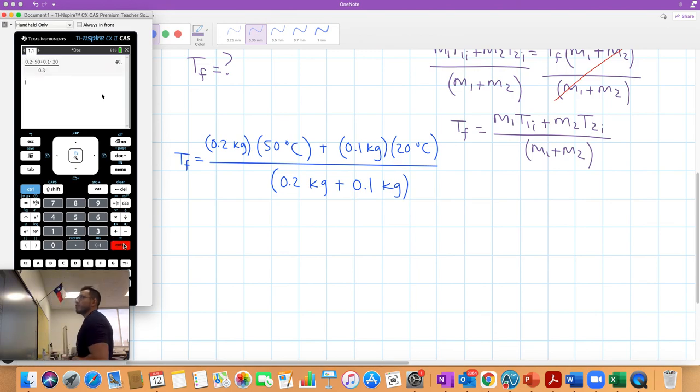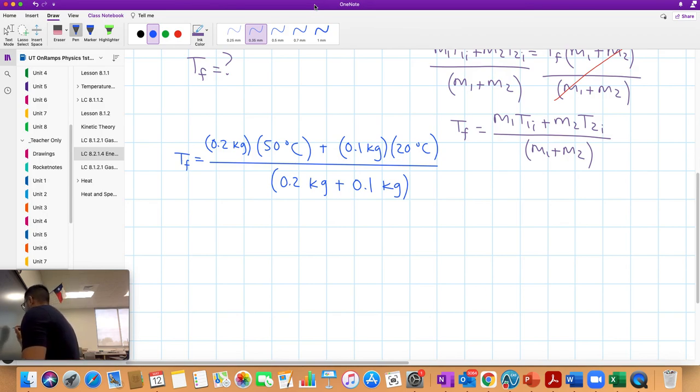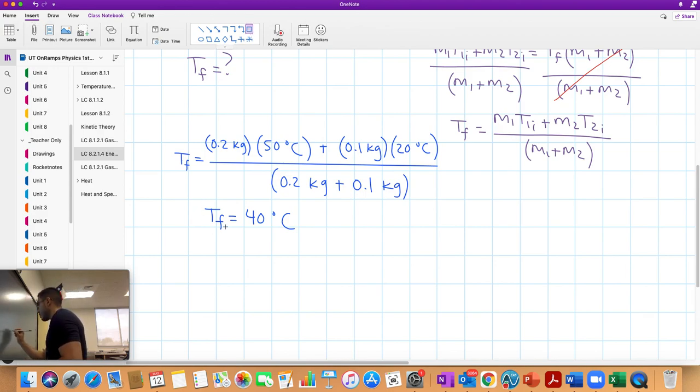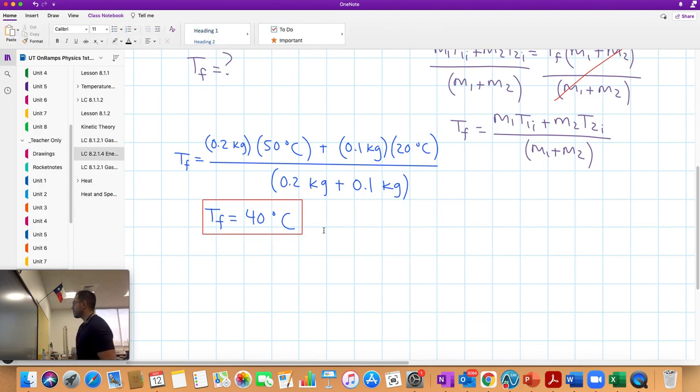The answer is 40. That is 40 degrees Celsius, which is within the range that we expected. And that is the final temperature.